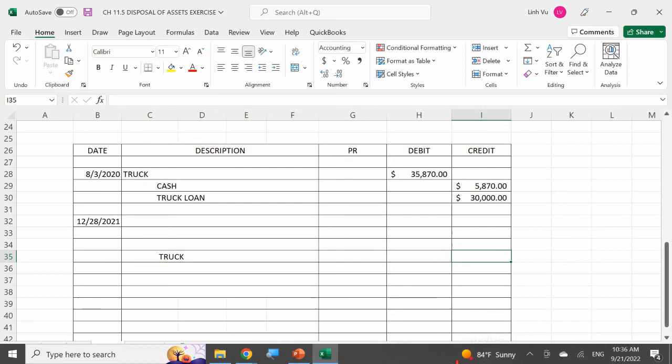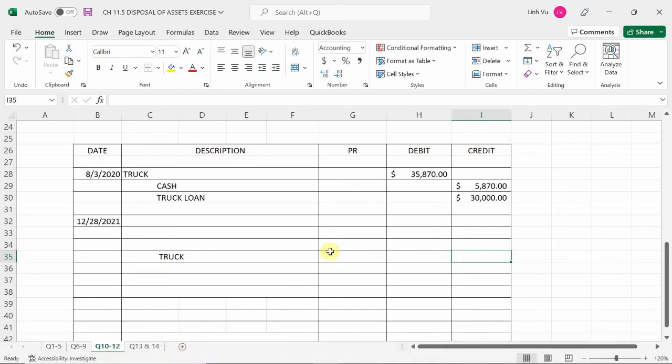It was $35,870. Okay, good. What else do I need to, what did I get out of it? A new truck. You got a new truck. Okay, so I'll put that here. Okay. How much did you get that new truck for? 30,000. You got it for 30,000.